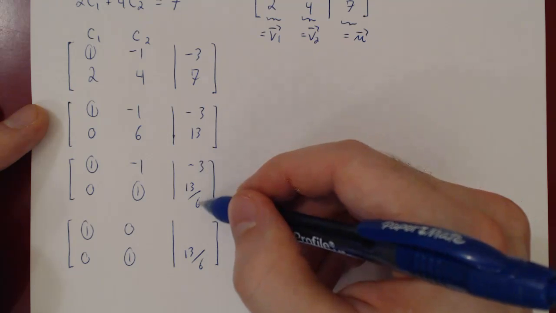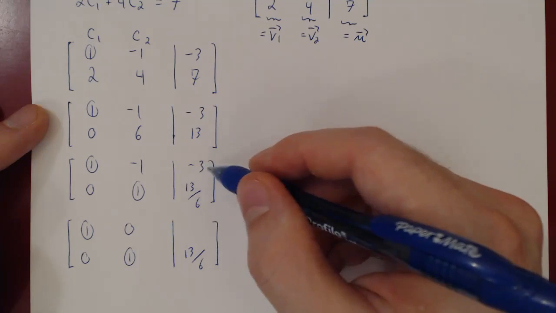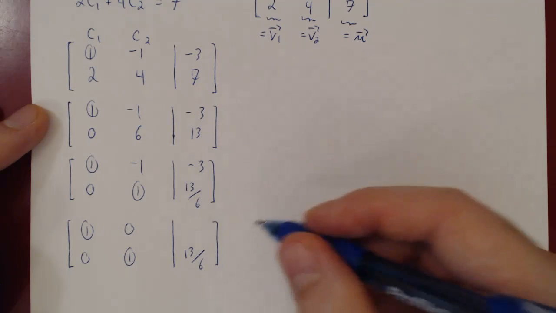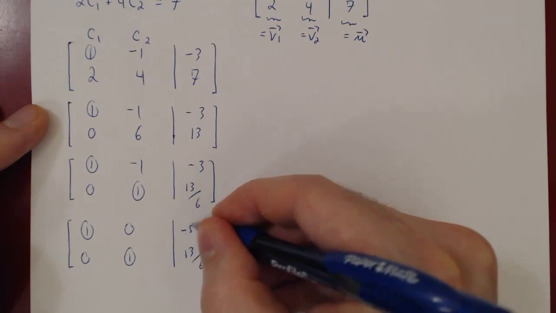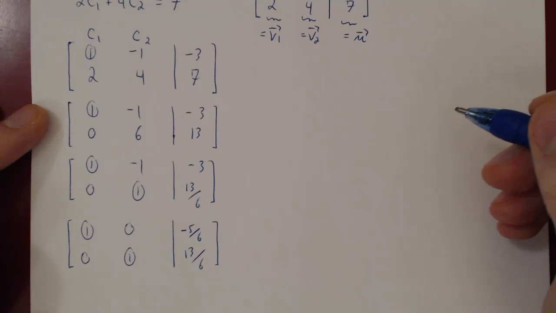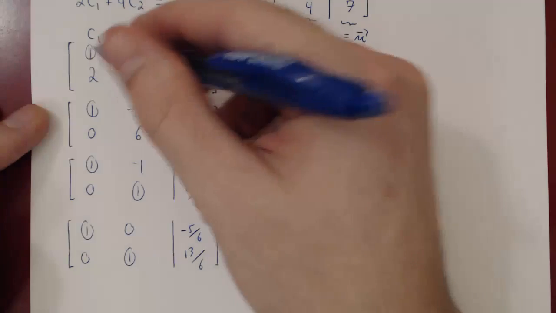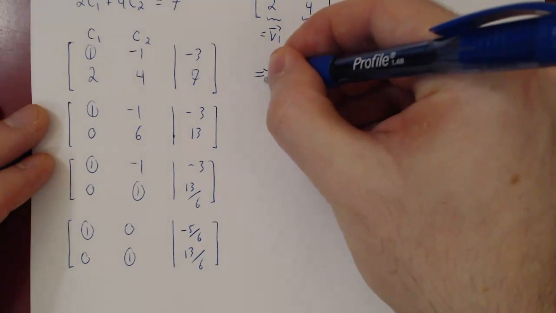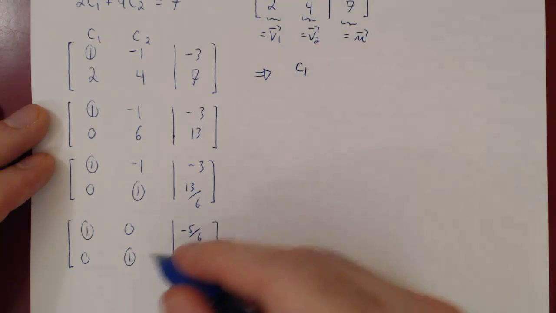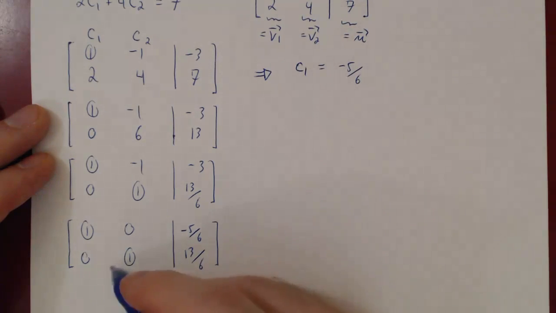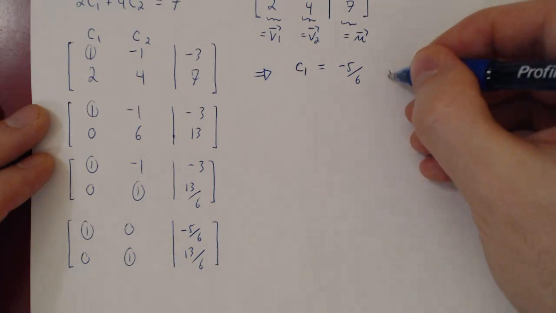Well, if we put this over 6, -3 will be -18 over 6. -18 plus 13, -5 over 6. And now we have the value for the two coefficients. We have a unique solution. Coefficient 1 is -5 over 6. Coefficient 2 is 13 over 6.